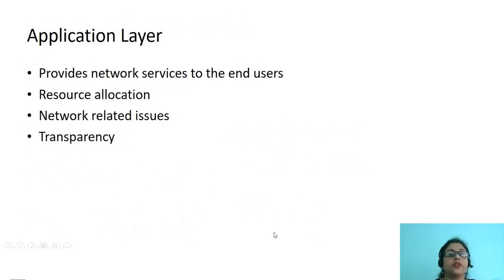Let's go to the application layer. We can see here the application layer mainly provides network services to the end users. This is the 7th layer of the OSI model, and this is closest to the users.